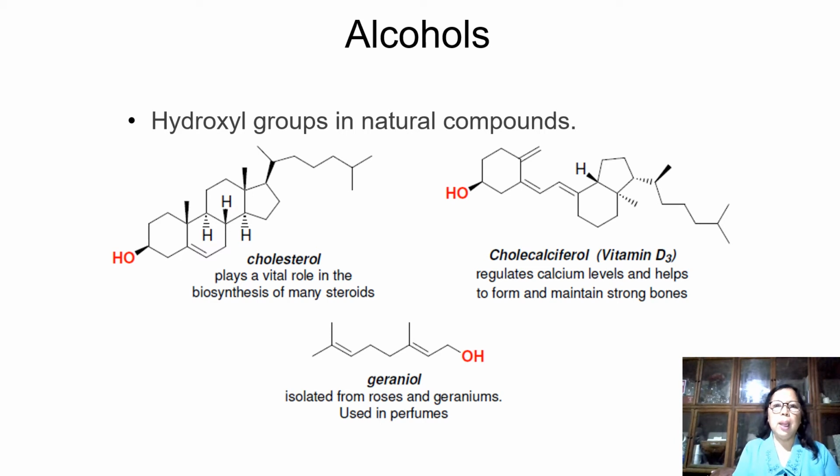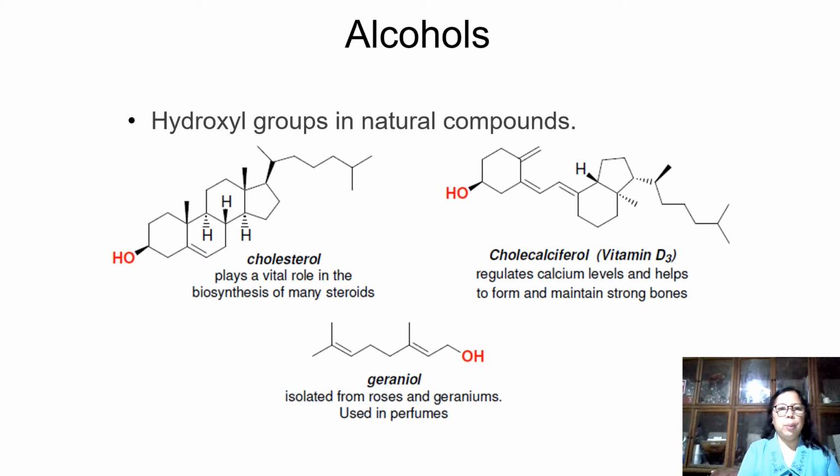Okay, these are hydroxyl groups in natural compounds. We have here cholesterol, and the OH is here. I think you know cholesterol. This is what you usually hear as something that, if its presence is in great excess, could lead to high blood pressure.